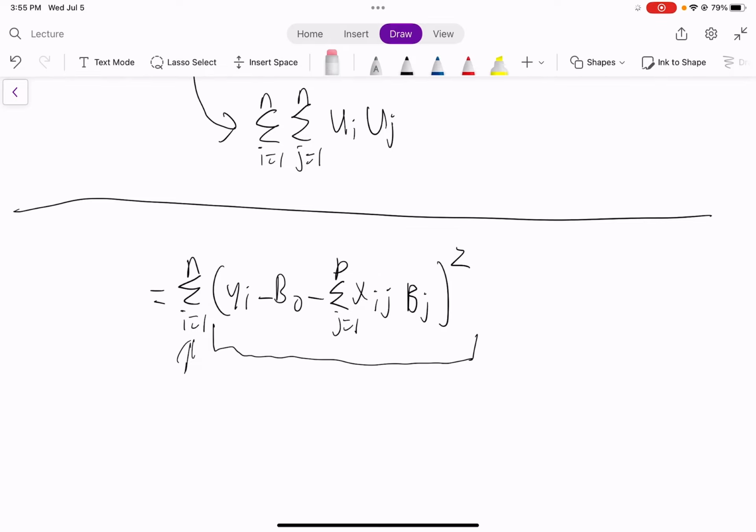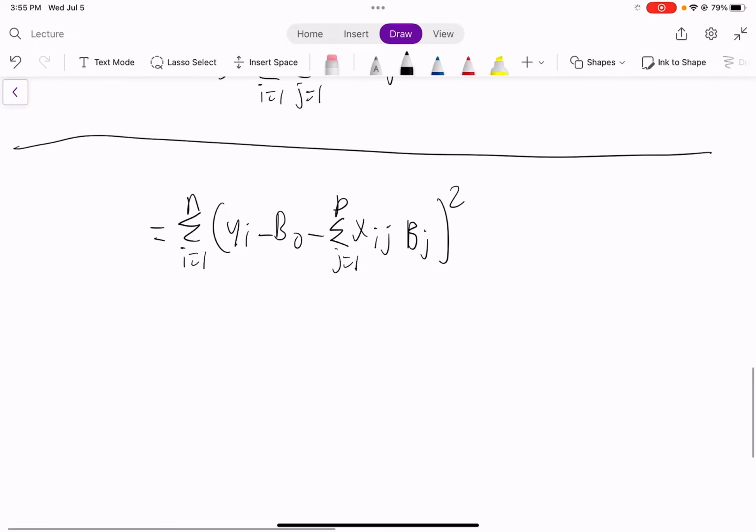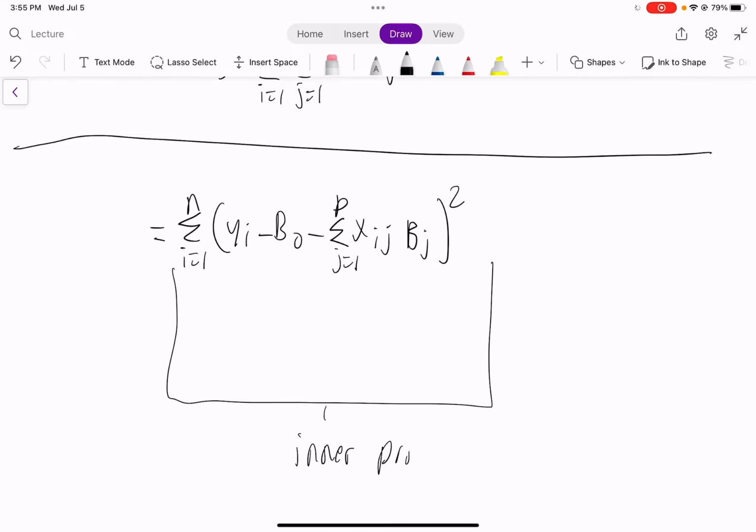The answer is that it's squaring the inside part of the summation. If it was on the outside, it would look something like this. But it's on the inside. So what does that say? That means it's an inner product. So this whole piece here is an inner product.